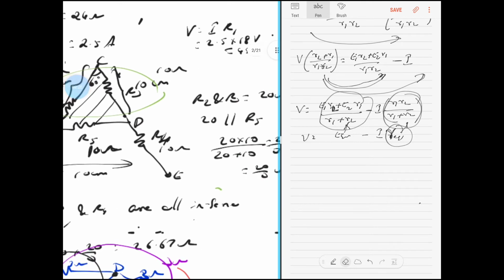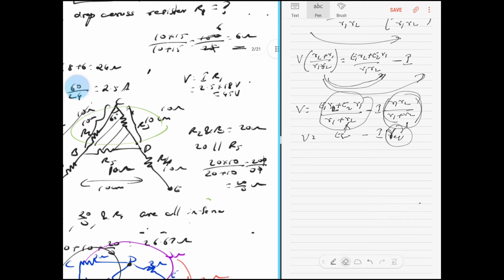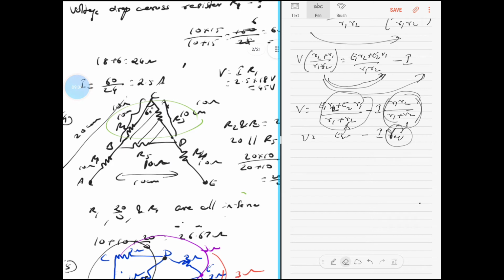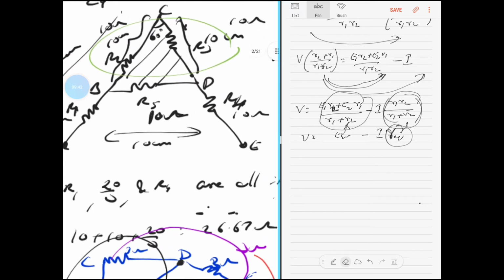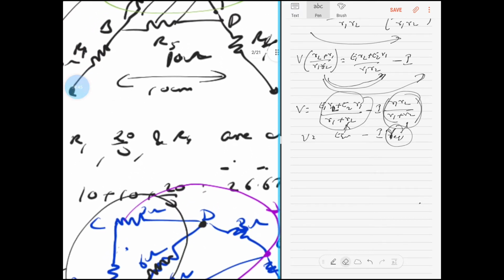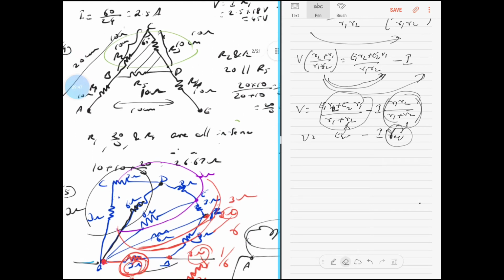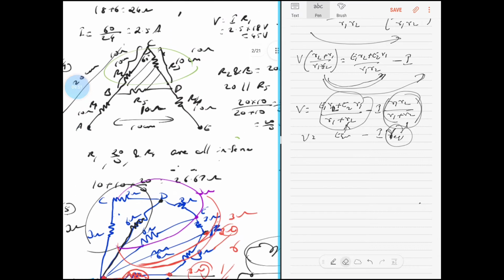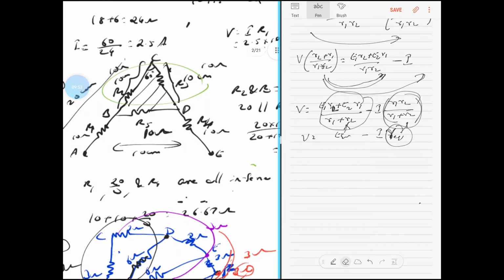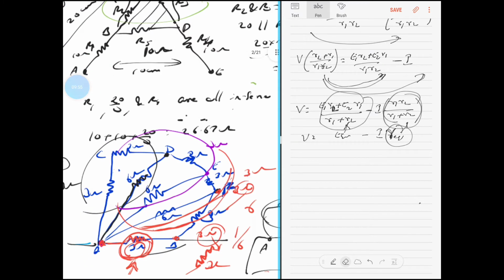So 10 into 20 by 10 plus 20, thus you get the equivalent resistance of 20 by 3. And now if you look at this, R1 and R4 with 20 by 3 are all in series, the bottom, this here. So you can just add it up and get the value of the total resistance. So that was easy. There's no battery or anything here for you to find the current values, so just leave it like that.